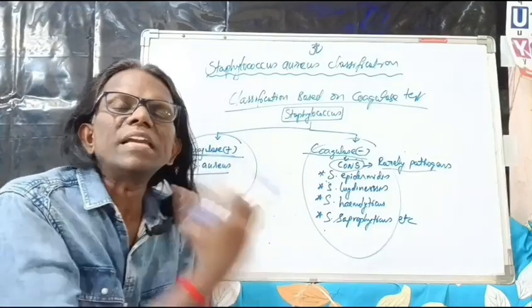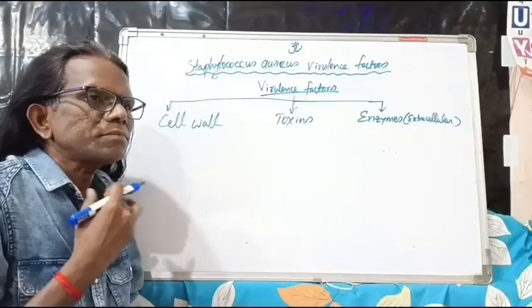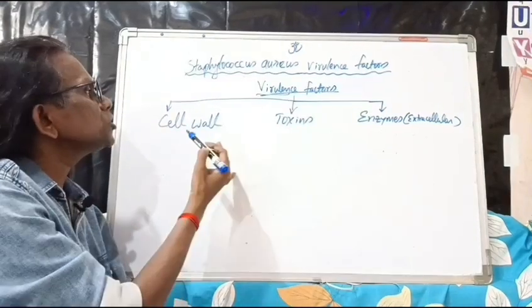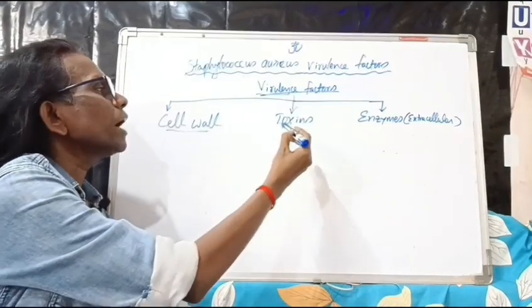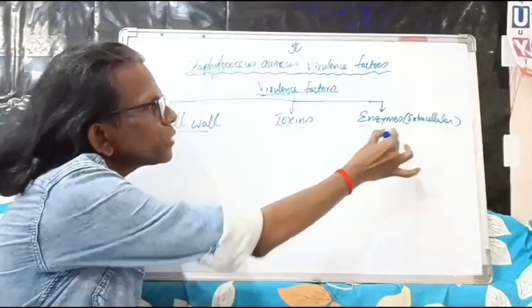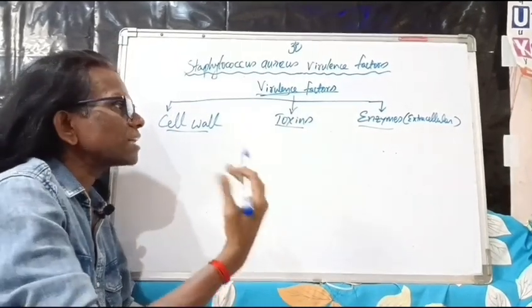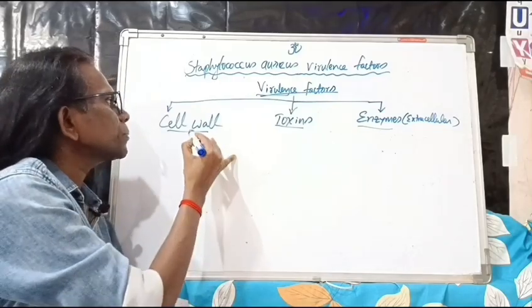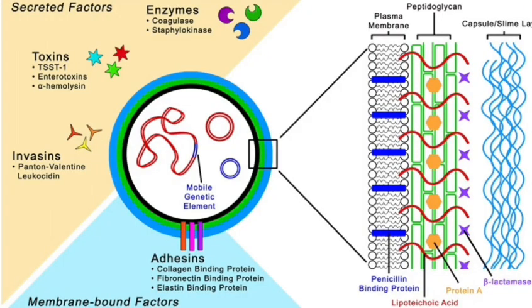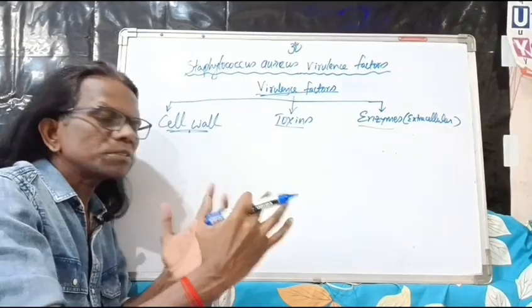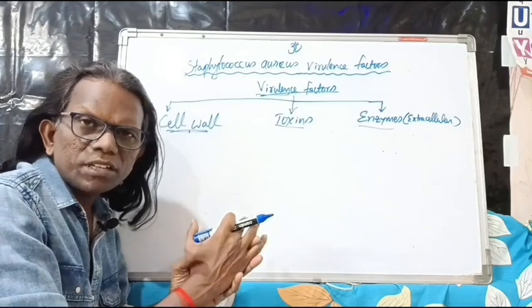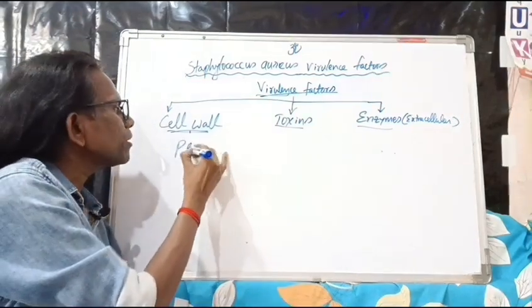Let us discuss the virulence factors of Staphylococcus aureus. These are the virulence factors: the first is the cell wall, the second is toxins, and the third is enzymes. Staphylococcus has extracellular enzymes. First we will discuss the cell wall, and how it protects against the host defense mechanism, so how Staphylococcus exhibits virulence when it enters the host.